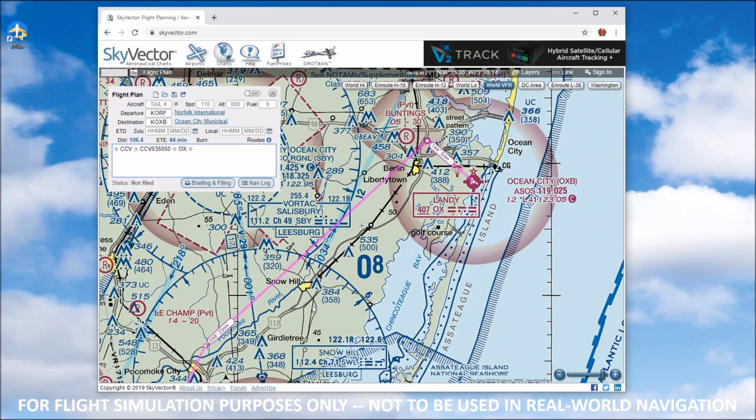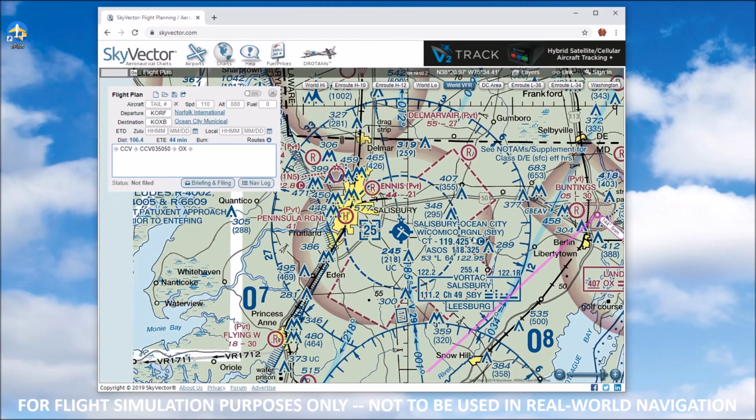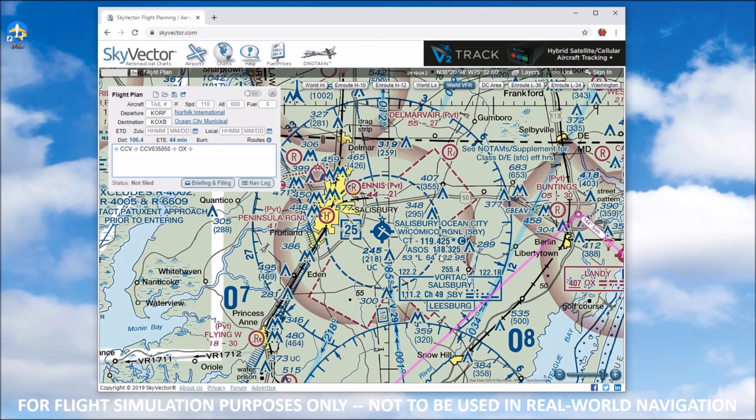Now, real quick, let's talk about this Salisbury Airport and this Class Delta airspace. It's not terrible, per se, if you were to pass over that airspace or enter it. It just means that you would have to be in contact with the tower controller there at Salisbury, or on VATSIM, the approach or center controller that was covering that overlying airspace that would be handling tower duties there at Salisbury.